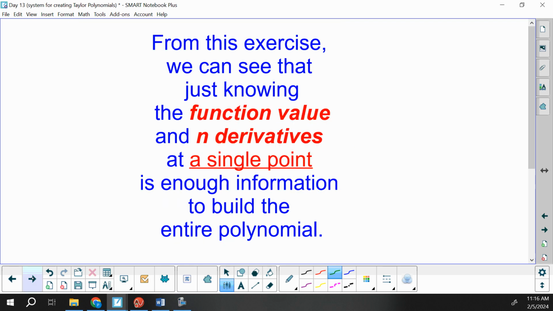And that's basically what this next slide was just talking about, that if you know the value in n derivatives at a single point, you can build the entire nth degree polynomial. But if you only know 7 derivatives, you can't go beyond the 7th degree polynomial.